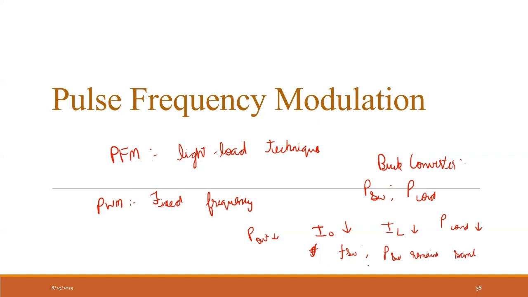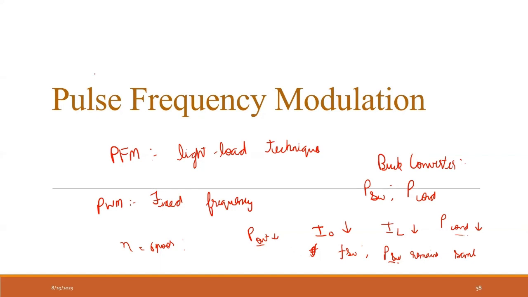So my switching loss is a lot, although my conduction losses have reduced, and my output power has also reduced significantly. My efficiency will become very poor because the magnitude of the switching loss is quite high compared to the output power. We don't know the exact ratio, but it dominates the losses, and so it will cause a reduction in the efficiency.